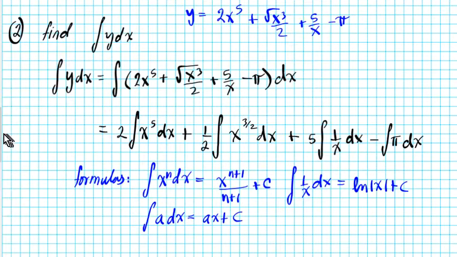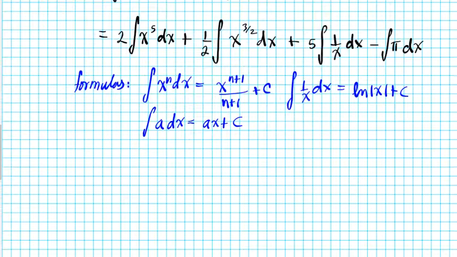Alright, let's go ahead and apply it. For the first one, we're going to be using the power rule. So we have 2 times x to the power plus 1 divided by power plus 1, plus 1/2 times x to the power plus 1.